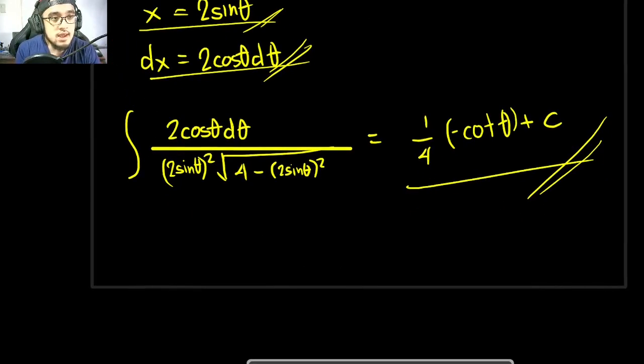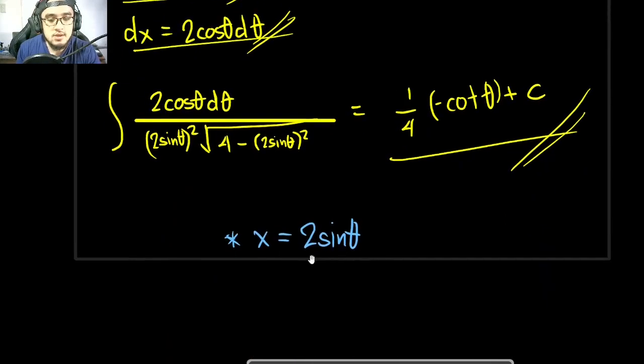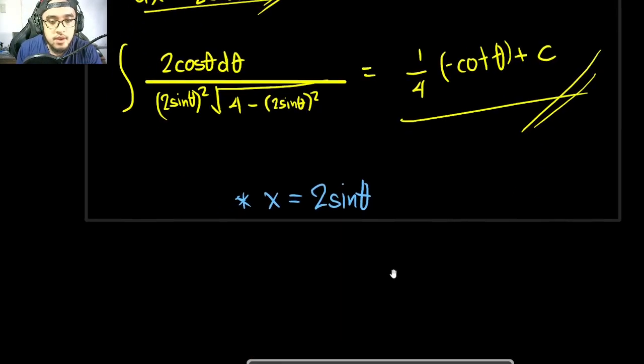So as you can see, our x, once again, is equal to 2 sine theta. So that is according to this one right here. And cross-multiplying this, sine theta is now equal to x over 2.